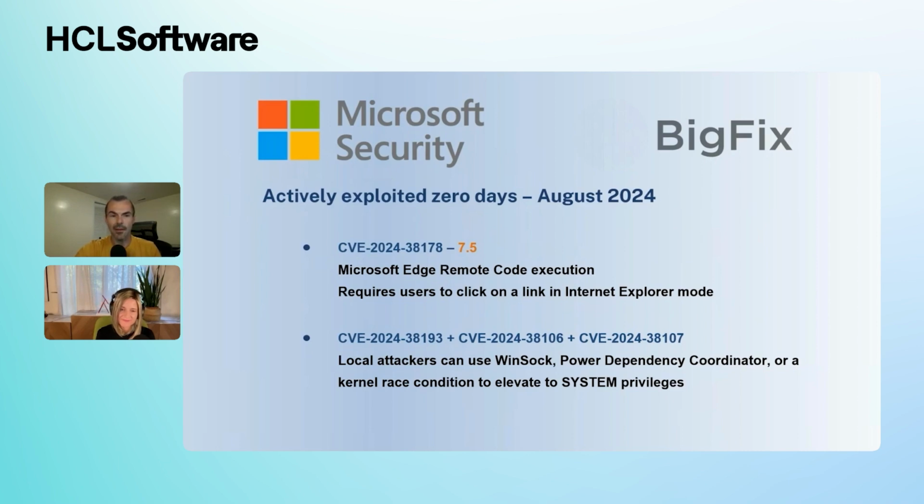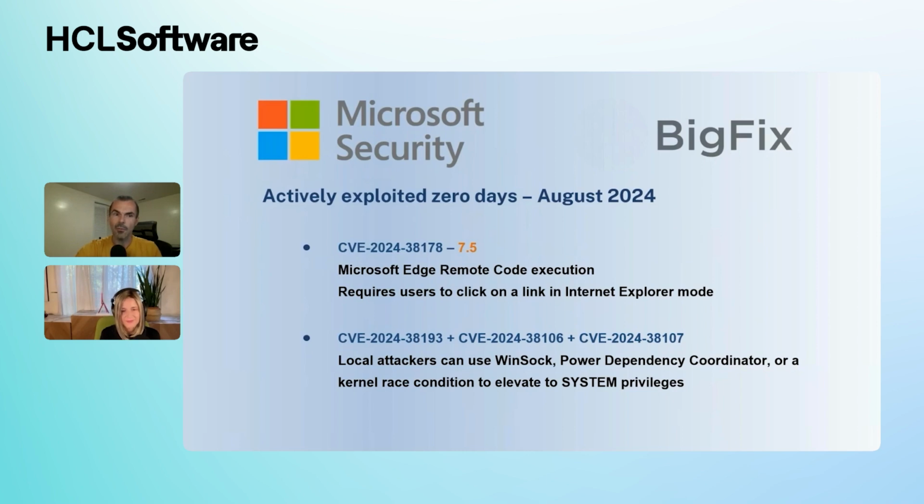First on our list is 38178. That's a Microsoft Edge remote code execution vulnerability. It is a phishing vulnerability, so it isn't something that a user doesn't have to do anything for in order for it to be exploited. Not only does it require a user to click on a malicious link, they have to be in Internet Explorer mode.